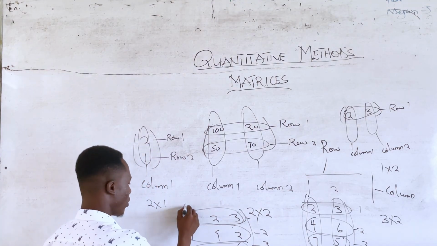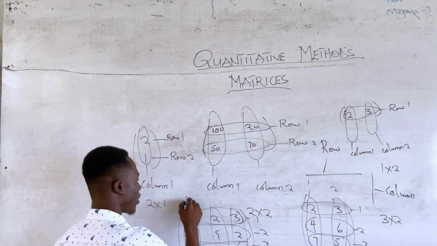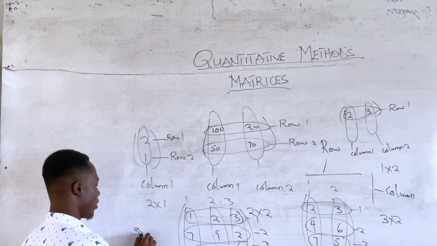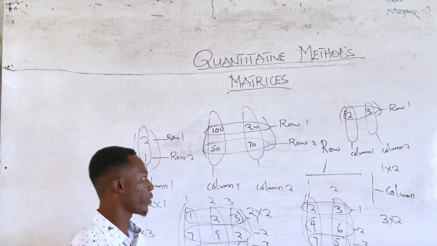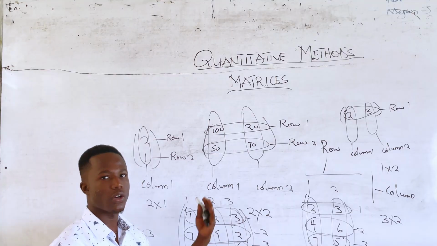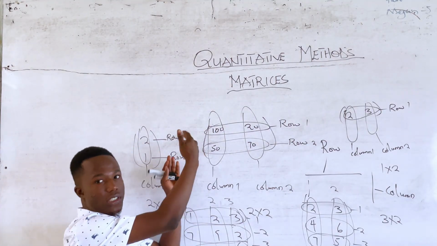Then you come here, you have 1, 2, 3 columns. So 3 rows, 3 columns, we say 3 by 3. So that is how we find the size of a matrix. Always the row comes first, then the column. The row is the horizontal part, and the column is the vertical part.